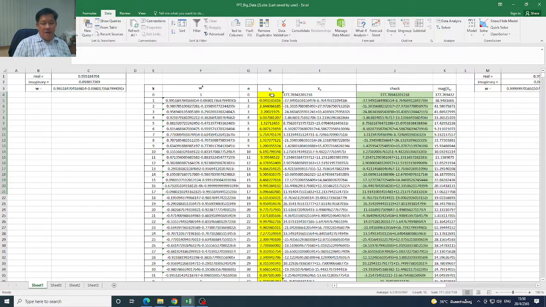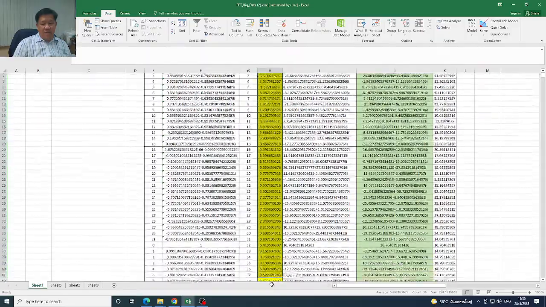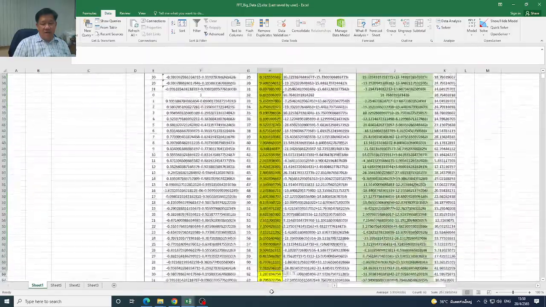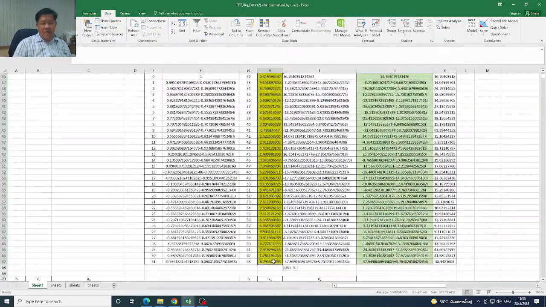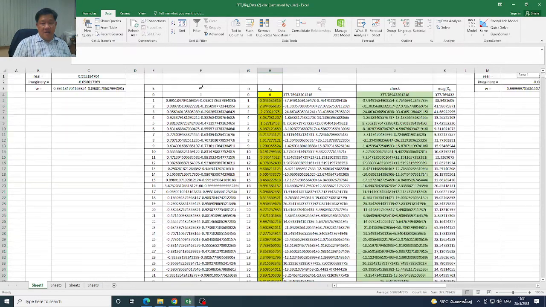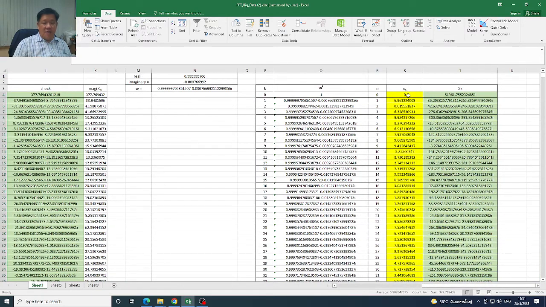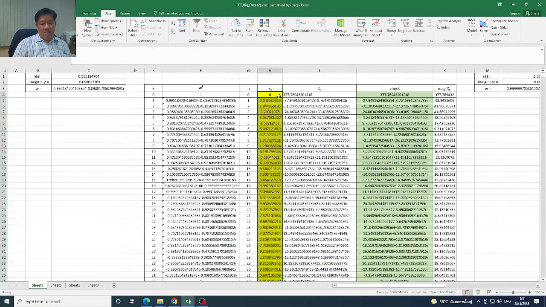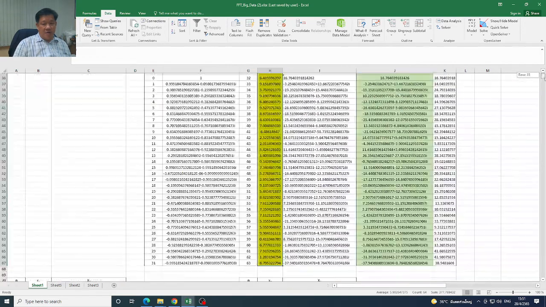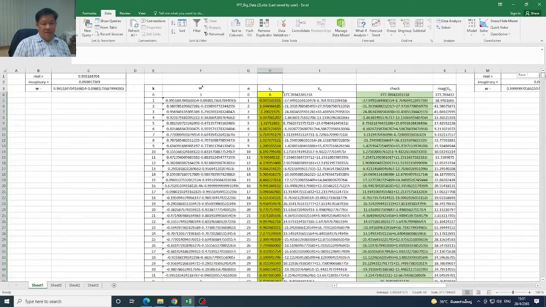In this example, we only have 64 data points, in a different yellow shaded area. The 8,192 is in column S, but in column H there are only 64 based on this example.